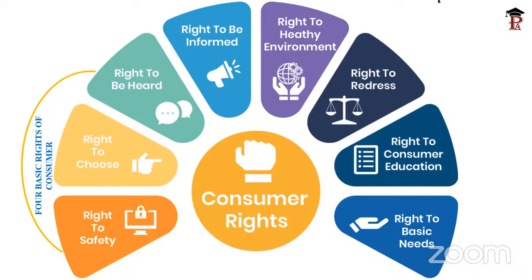When we buy a water geyser, it has a warranty period. If there is any damage within 2 or 3 years, it should be replaced by the company. If the product has any defect, we do not have to pay for that. The company will change that particular product. So if it is in the warranty period, that's our right to redress.